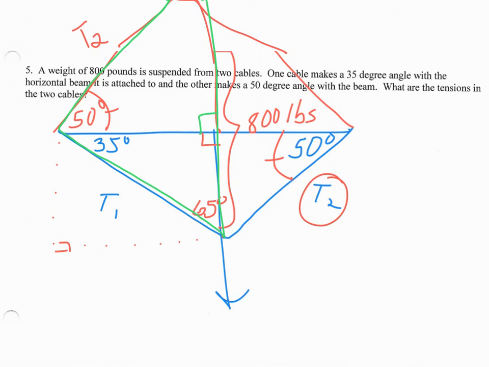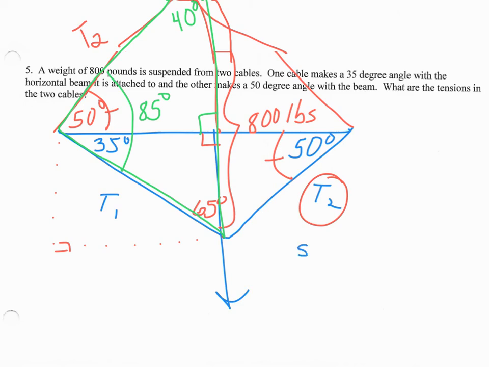All right, now I'm starting to see things labeled up pretty nicely. I have an 800 on this far side. I know now that this whole angle is 85 degrees. Okay, and then if I do a little math with the 180s, this guy up here should be 40 degrees. Okay, so now, I know it got a little messy here, but let's picture, what if I do law of sines?